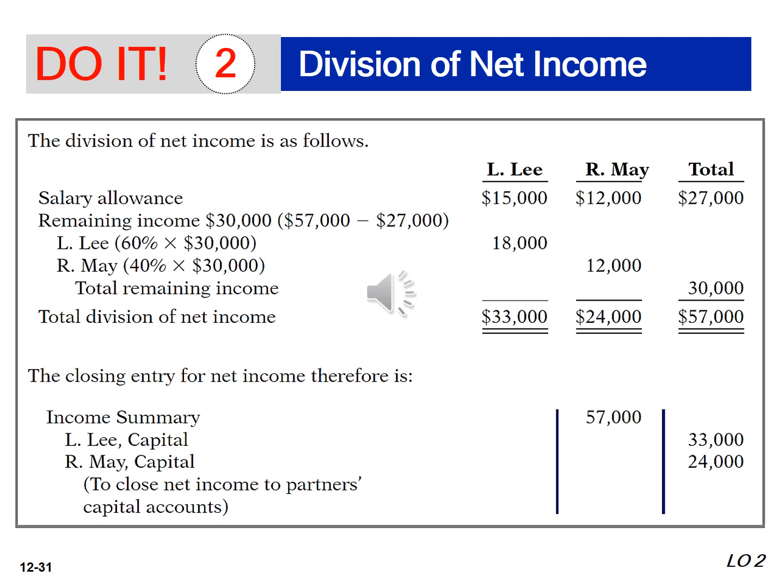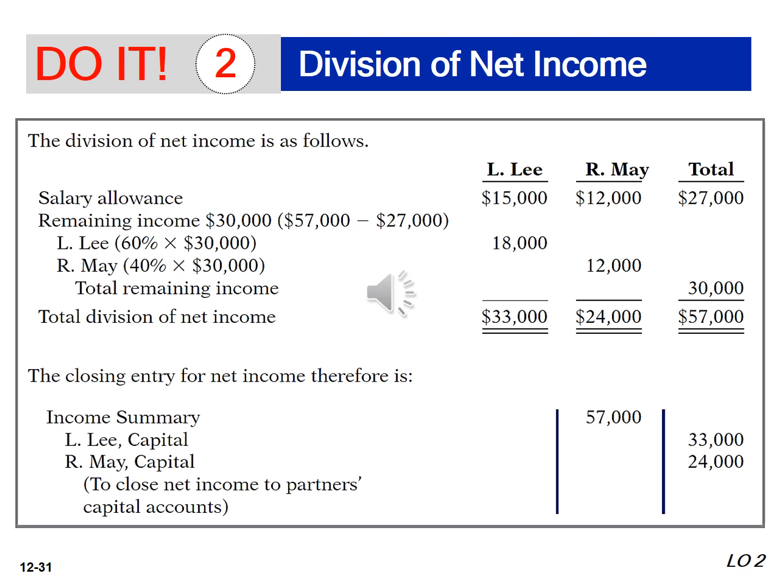Breaking this down based on the fixed ratio decided in the partnership agreement, where LE takes 60%, we take 60% of the 30,000, which gives 18,000 for LE. The remaining 40% of the 30,000, which is 12,000, goes to RMA.